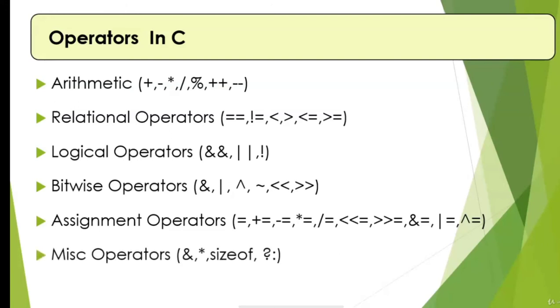There are miscellaneous operators in C, namely ampersand, which is an address-of operator, star, which is a content-of operator. Sizeof is not a function in C but an operator, and there is a ternary operator, question mark colon.